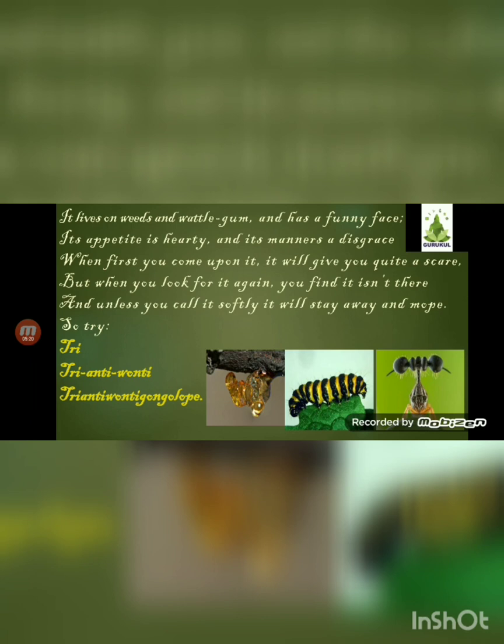So children, here in this stanza, the poet says that the insect lives on weeds and gum. Now, what is a wattle gum? Wattle gum is obtained from the tree in the form of reddish tears or lumps. The first picture in this slide is a gum which is coming out of the tree.